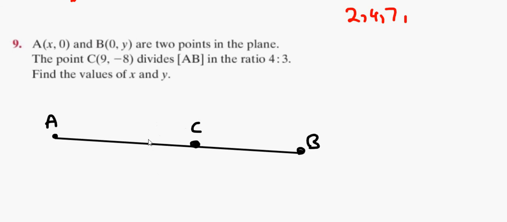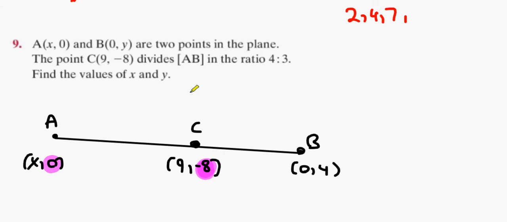Okay, next thing. X0, this is (9, -8), and this one here is 0y. Now here's what I'm going to do. Here to here, how much did I lose? I went 8 down, which is minus 8.